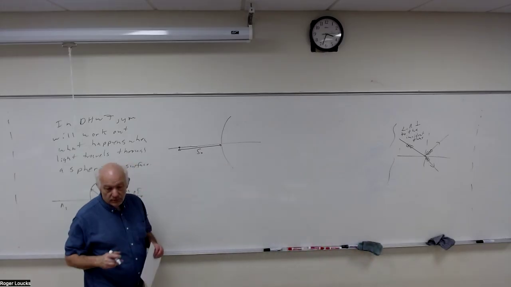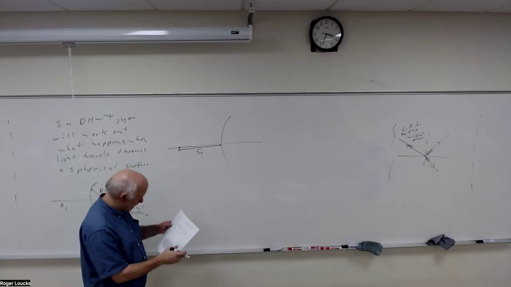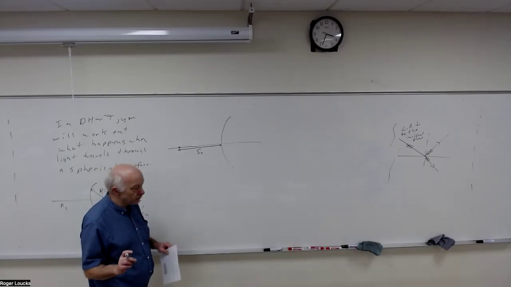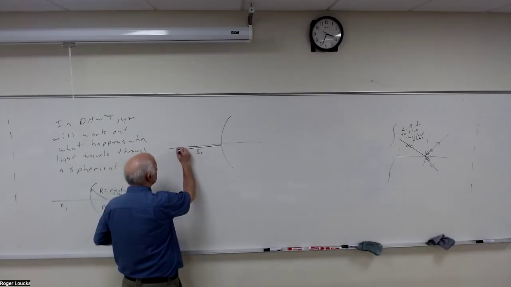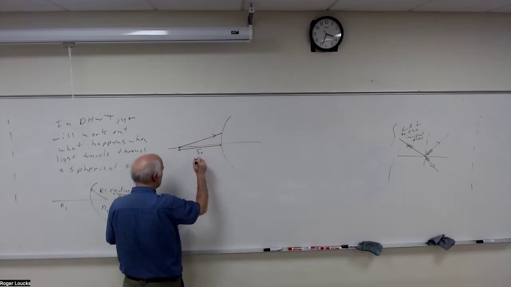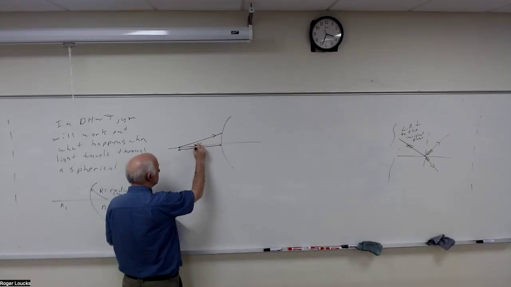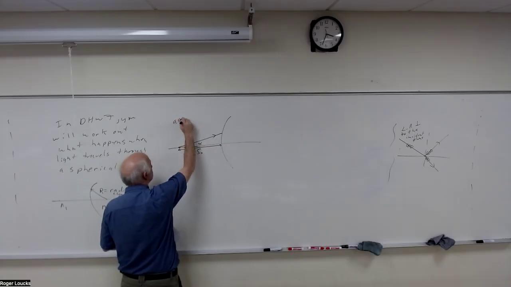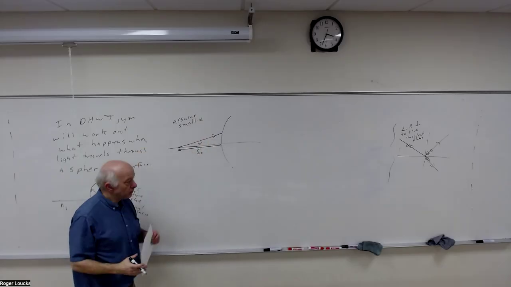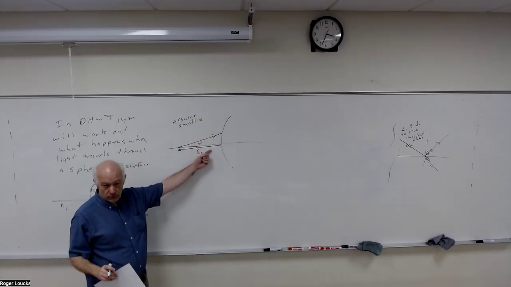This is ultimately going to become the object distance, but we don't know that yet. And we're going to look at rays really close to this axis here. We're going to call this angle alpha. We're going to assume small alpha, so basically these rays are not going too far from the axis.